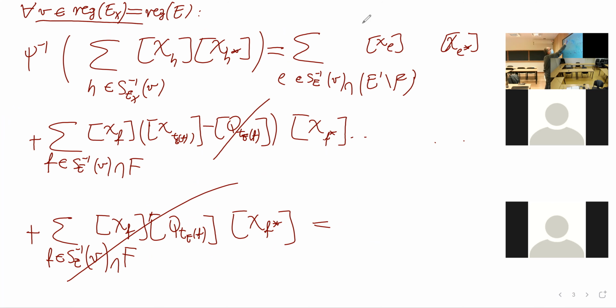Now you just have to observe where we implement the Cuntz-Krieger relations. Now I forgot whether we implement them at X or at Y. Can somebody remind me?